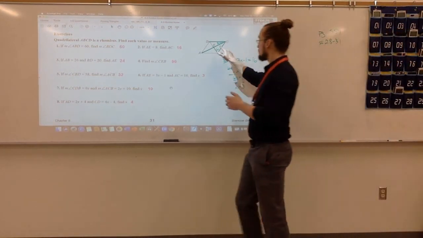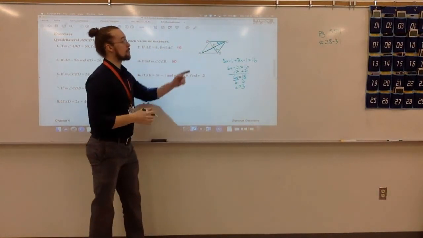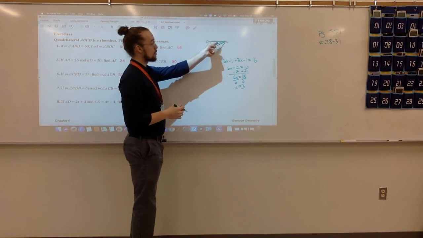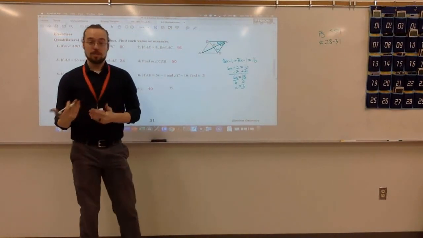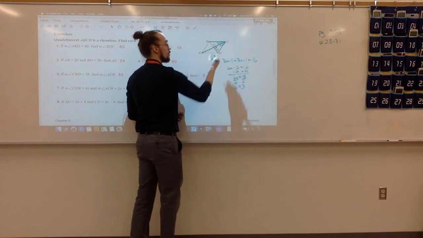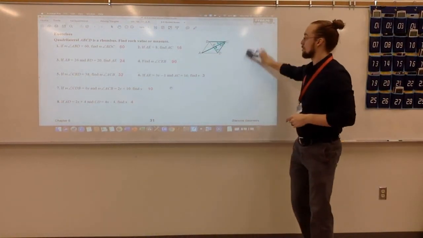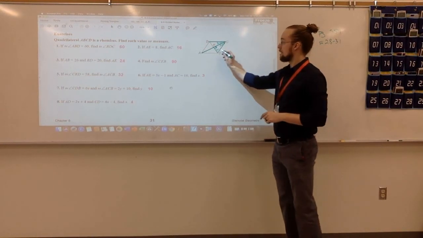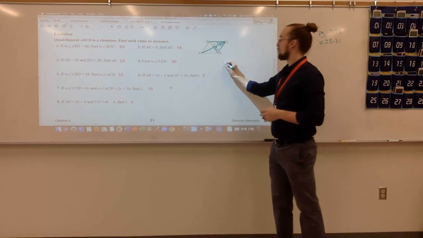Okay, well, we said that the diagonals bisect each pair of opposite angles. So if this angle is 2y plus 10, then this angle would be 2y plus 10. And I know that the diagonals are perpendicular, so I know this is a right angle. So if we look at this triangle here, triangle CDE, I can say all three of these angles will have to add to 180.